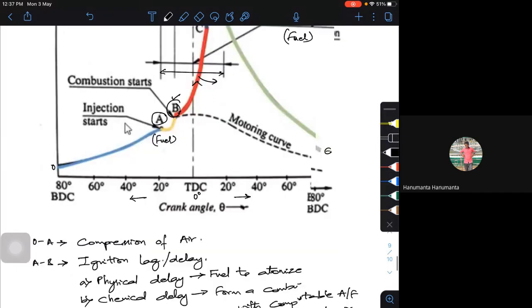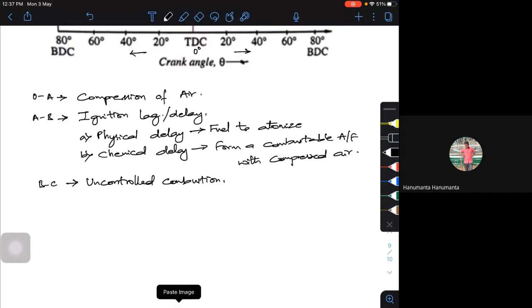So in this uncontrolled combustion, what will happen? Atomized fuel is still mixing with the air, and the flame propagation takes place.